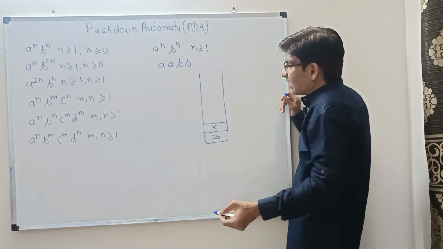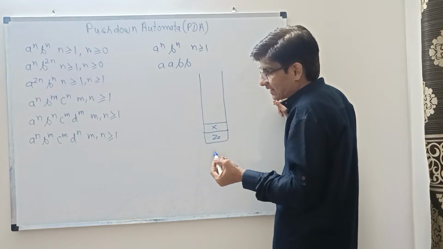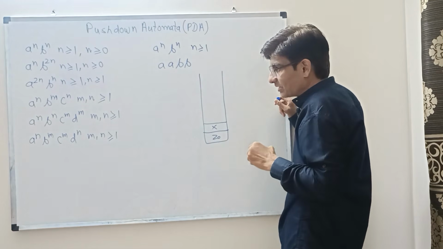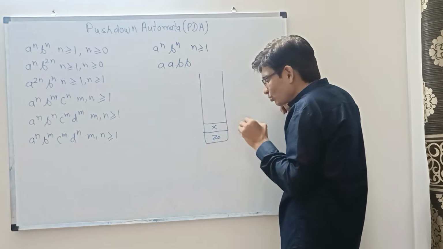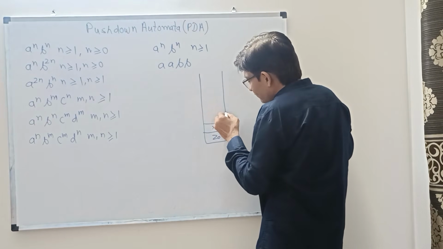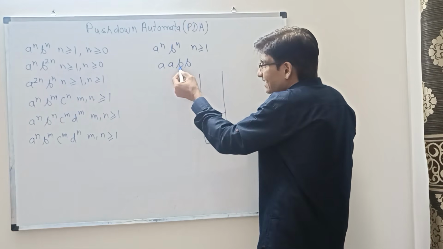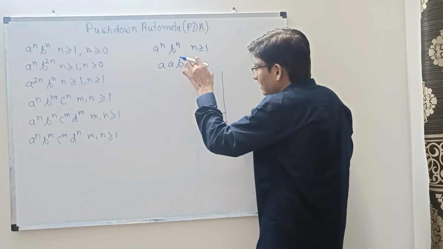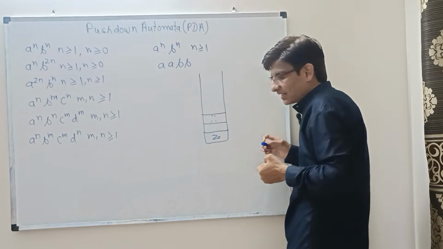So in this case, the number of symbols pushed into the stack and the number of symbols popped from the stack, if the number of a and the number of b are the same, then after reading the complete string only Z0 must be in the stack. Suppose for this string, we will push 2 X as we are reading 2 a's here, and then as we are reading 2 b's, we will pop these 2 X, and after completely reading this string, only Z0 would be there in the stack.